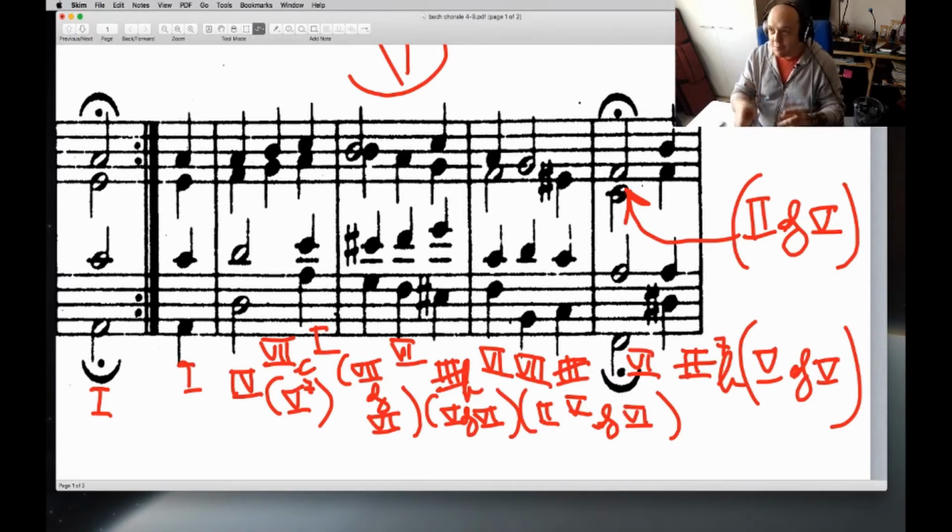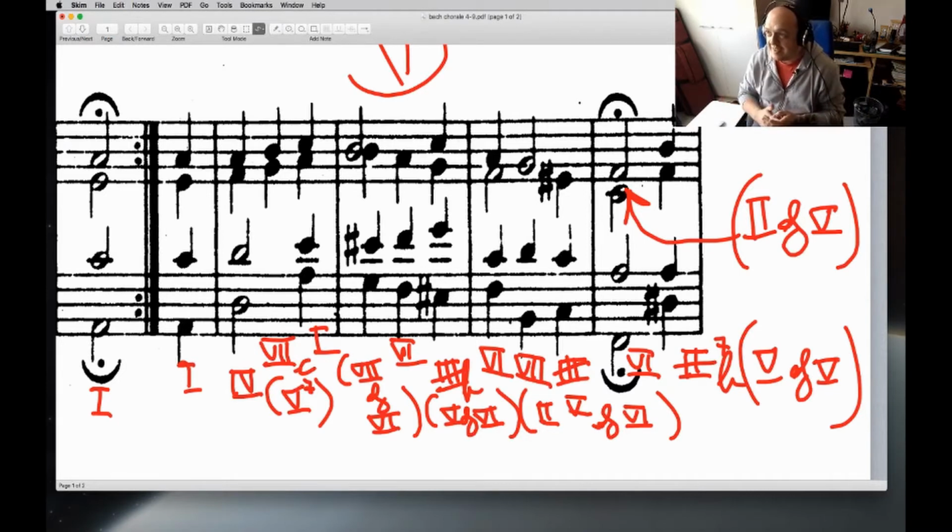So that F sharp minor, which is perceived as the landing point, now also sounds retrospectively as 2 of 5 as I start moving along into the next progression.